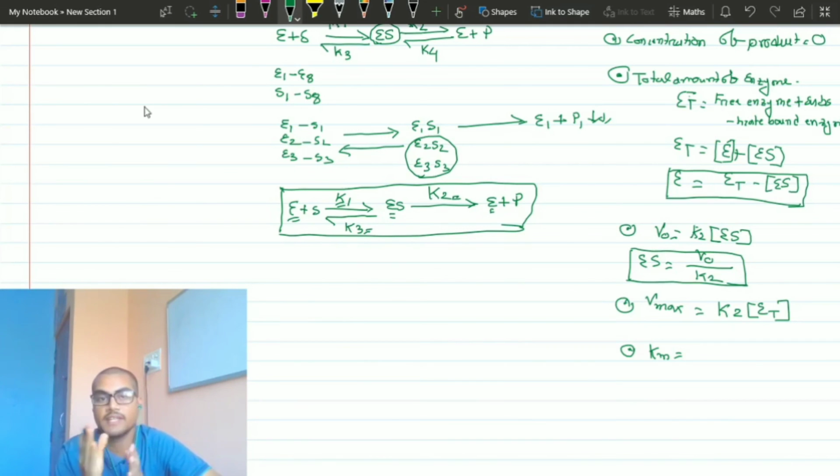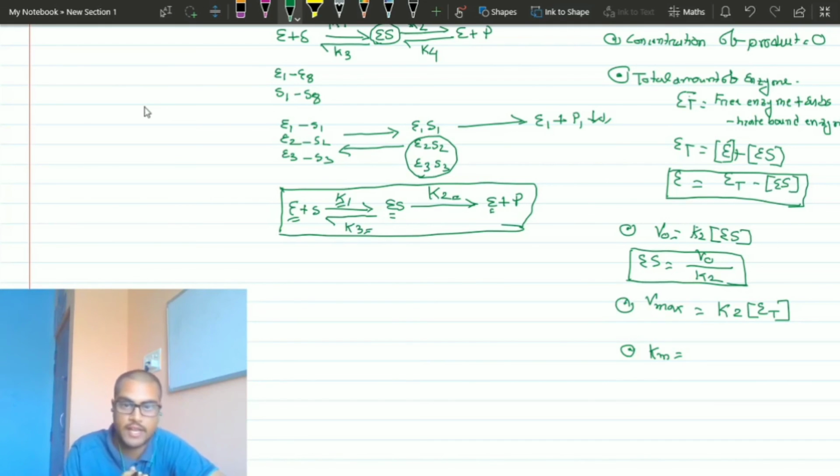Here enzyme and substrate are associated with each other. That's why K1 is acting as the association rate constant. On the other hand, K2 is acting as the dissociation rate constant, by which the enzyme substrate complex dissociates and forms the enzyme plus product.